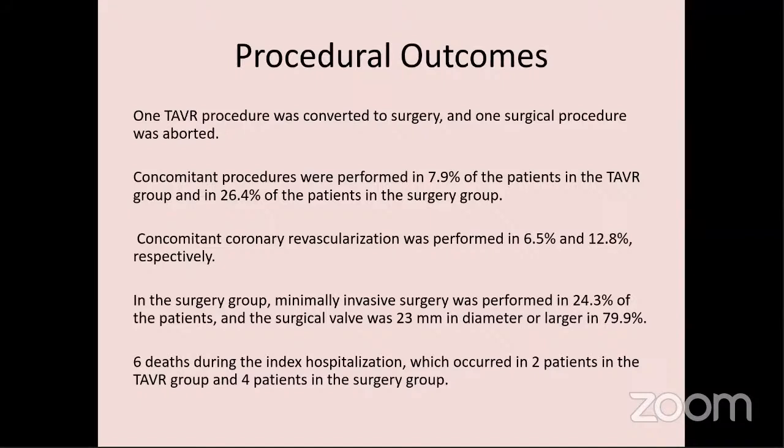Concomitant coronary revascularization was performed in 6.5% of TAVR and 12% of the surgical group. In the surgery group, minimally invasive surgery was performed in 24% of patients, and the surgical valve was 23 mm or larger in 79%. There were 6 deaths during the index hospitalization: 2 in the TAVR group and 4 in the surgery group.